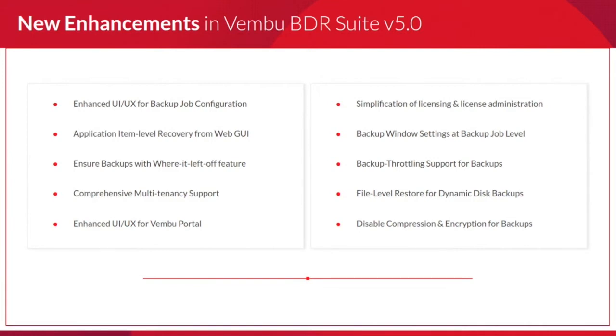But this is now totally customizable at job level. For example, you have 20 jobs. You don't want 18 of them to run in the backup window timing, like 9 to 5, but there are 2 critical jobs that you want to run. You can customize that from the backup window setting at job level.